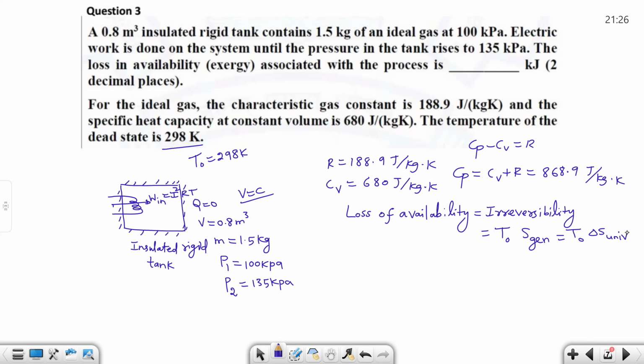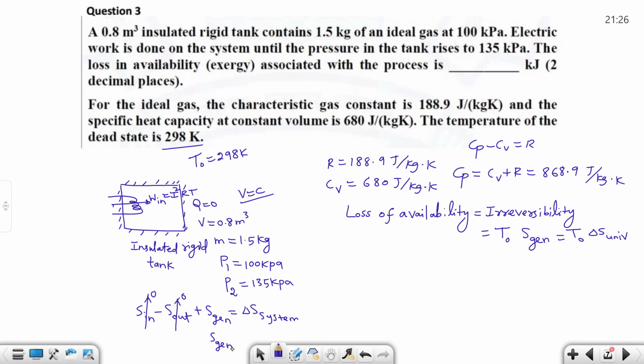If you take an entropy balance, entropy in minus entropy out plus entropy generated is equal to change in entropy of the system. There is no entropy in and no entropy out because there is no heat transfer or mass transfer. When you have heat or mass transfer, then you have an entropy transfer. So entropy in and out will be zero, no entropy transfer.